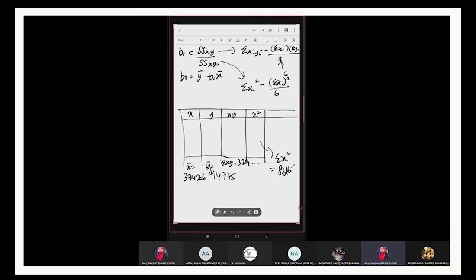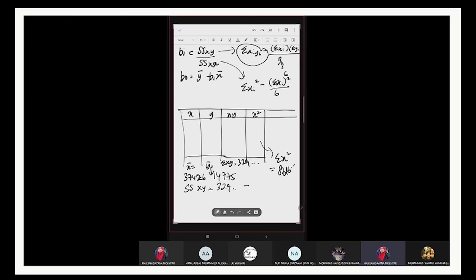Now we have all the components, so we can find the Sxx value. So we can have the Sxy first. The summation of xy, this one will be 329 something, right? 329 ... minus.